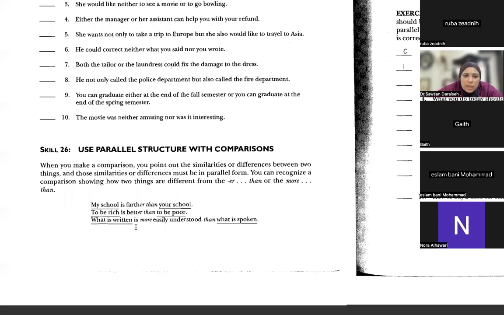So الفكرة here هاي أسلوب مقارنة، اللي قبل أسلوب المقارنة واللي بعدها لازم يكونوا parallel، لأن درسنا أصلاً parallel structures. What is written ما هو مكتوب is more easily understood، ممكن فهمه بشكل أكبر than what is spoken.